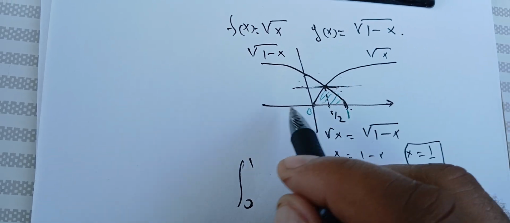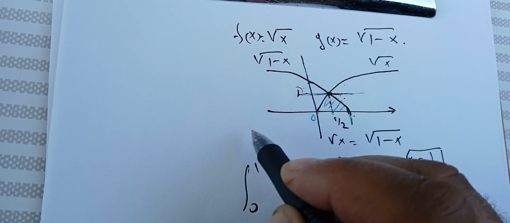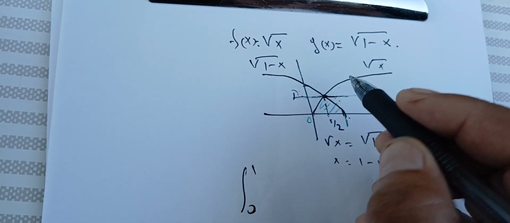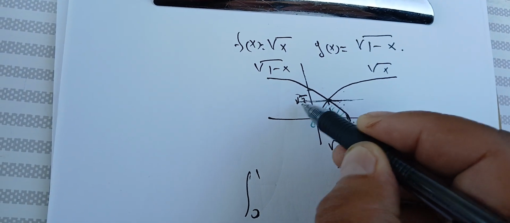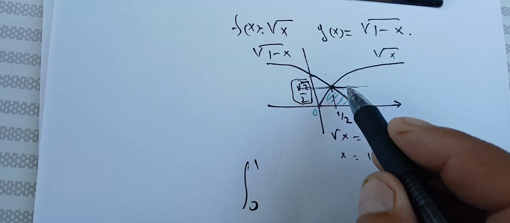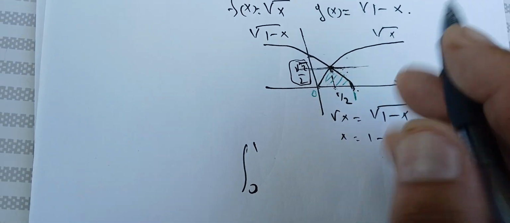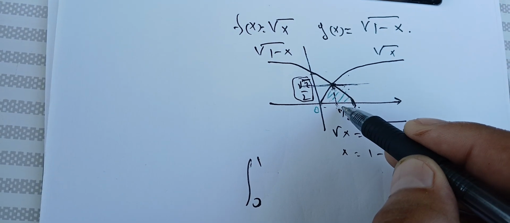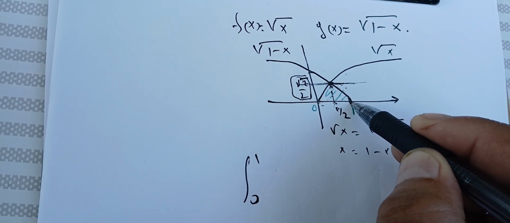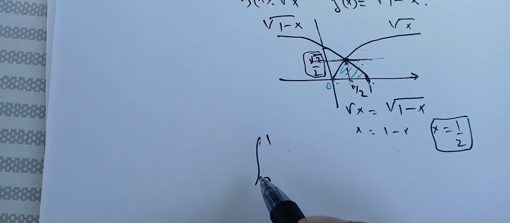All we know is this is 1/2, so this is square root of 2 over 2. Between 0 and 1/2 we have one function, and between 1/2 and 1 we have a different function. This is the key to solving this problem.